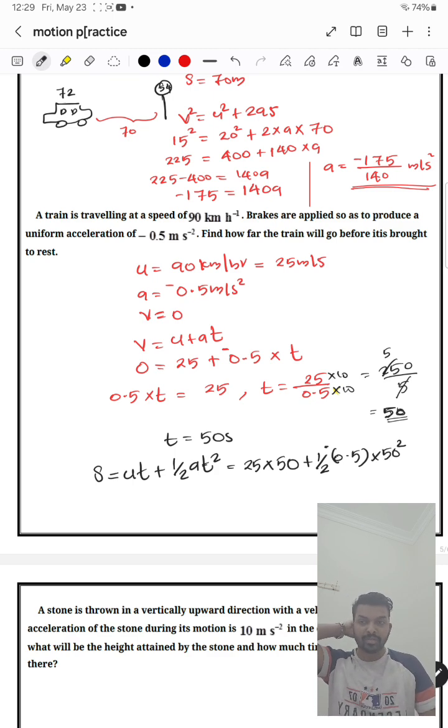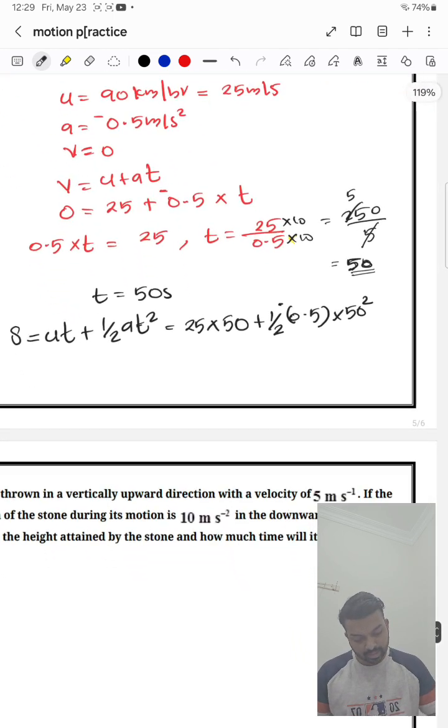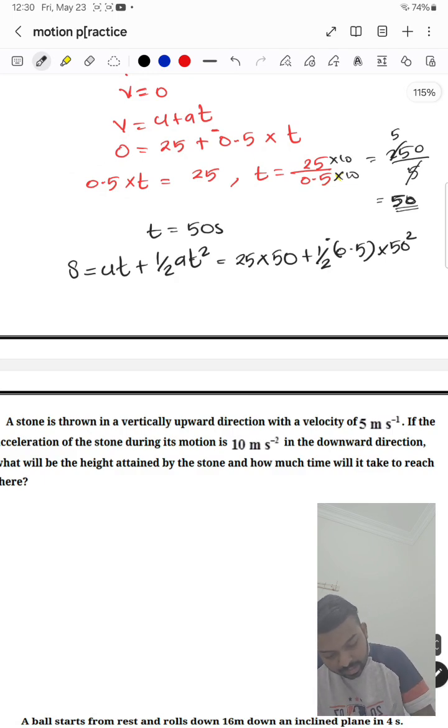That is 25 into 50 plus half into minus 0.5 into 50 square, right? Okay, so we can shorten it. 25 into 5 is 125, so it will be 1250, plus half of minus 0.5.